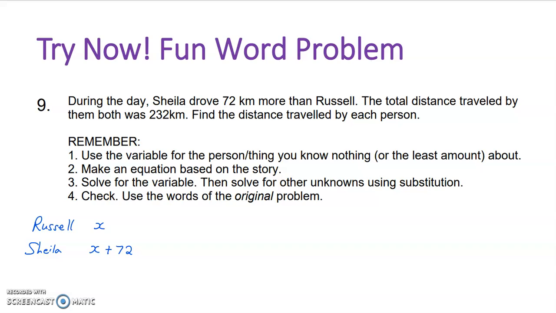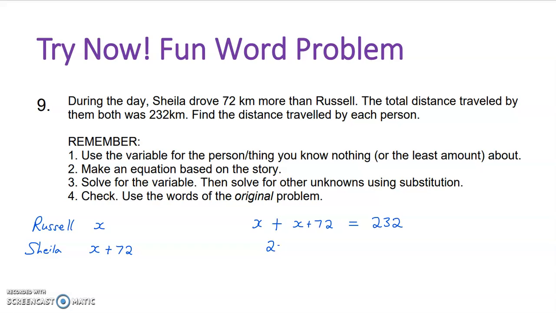Together, the total distance traveled by them both was 232 kilometers. So Russell is X plus Sheila, which is x plus 72, and that is going to equal 232. So we have x plus 72. We can combine our like terms. We can collect the two x's.